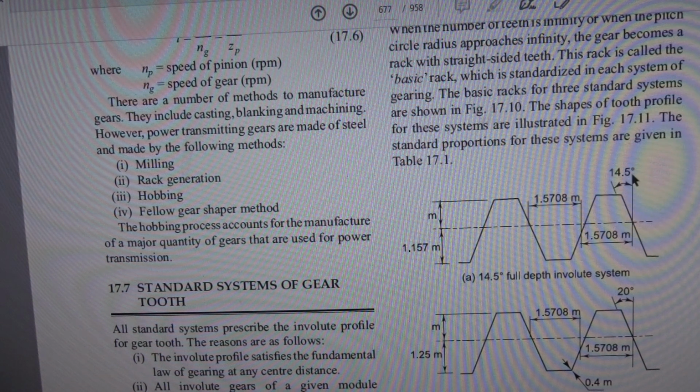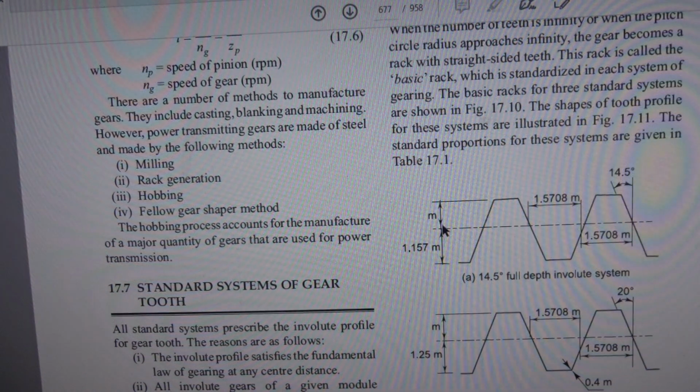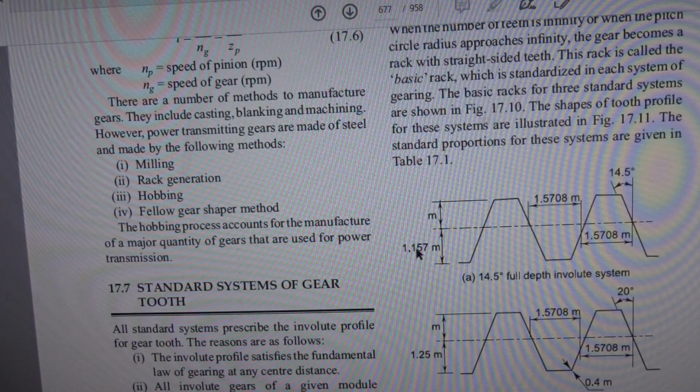This angle is the pressure angle. m is the addendum, and 1.157 m is the dedendum. The tooth space is 1.5708 m, and the tooth thickness is 1.5708 m. So this one is for the 14.5 degree full depth involute system.